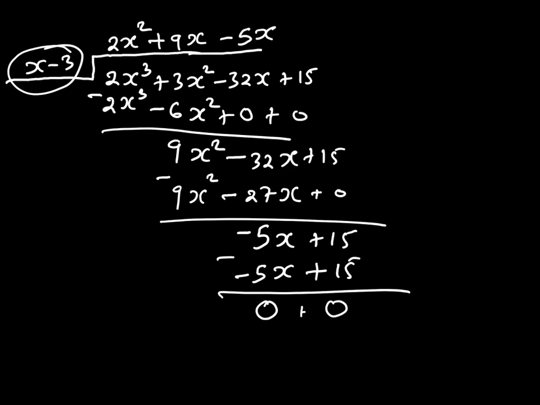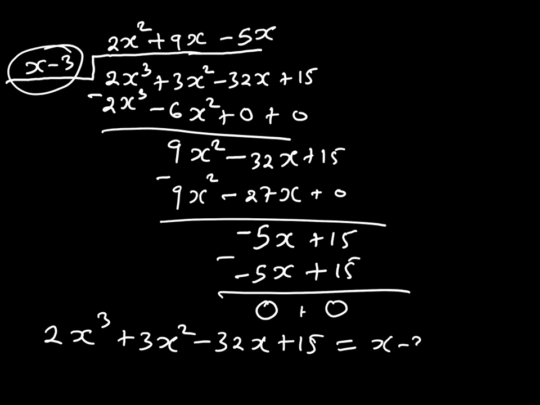So this means that 2x cubed plus 3x squared minus 32x plus 15 is the same as x minus 3 into 2x squared plus 9x minus 5. Okay, I'm sorry, this part is 5. This is not 5x, it is simply 5.